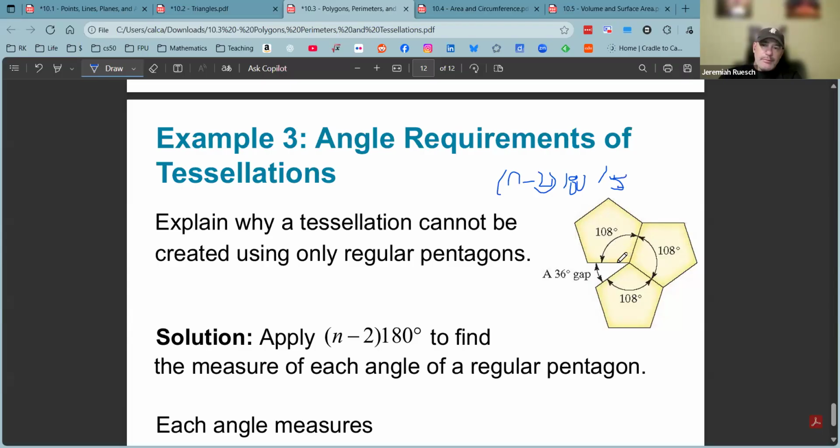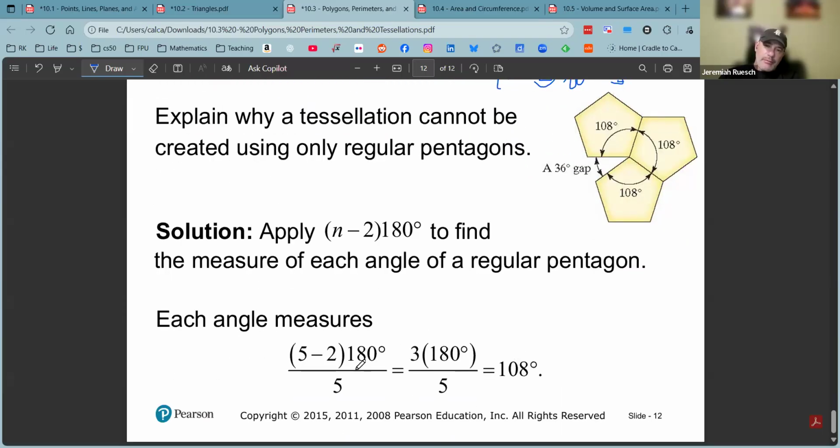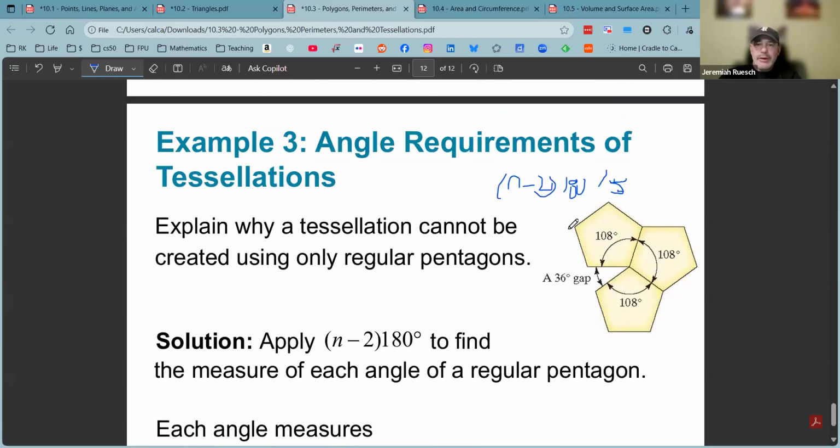So that gives us 108, 108, 108. Those don't add up to 360. There's this weird gap that is too small to fit another pentagon in there. And so you can't tessellate with only pentagons.